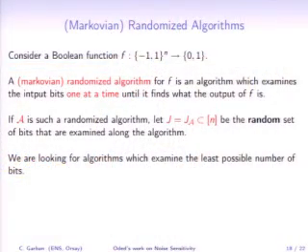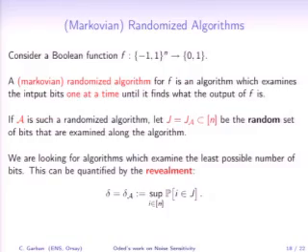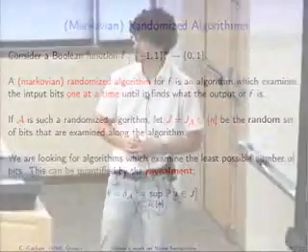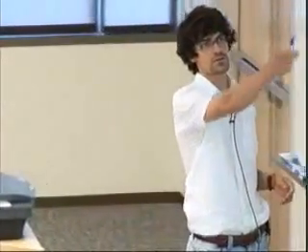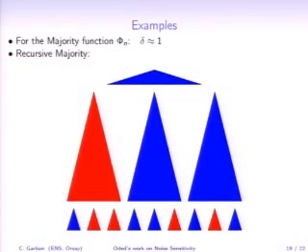To quantify this, I use the same thing as what David talked about before, which is the supremum over all the variables of the probability that the variable is used along the algorithm. This is called the revealment. And for an algorithm A, we will call J the random subset of the bits which is actually used along the algorithm. David already gave the example of majority.